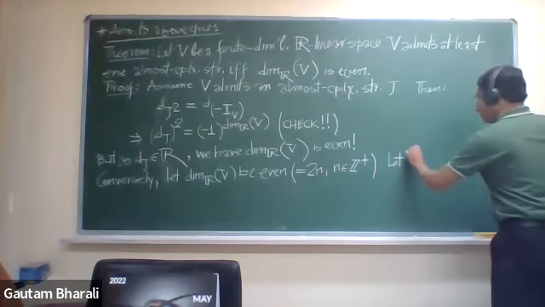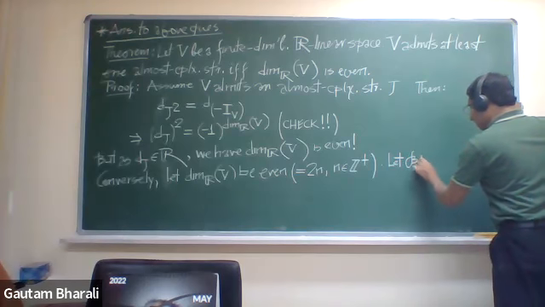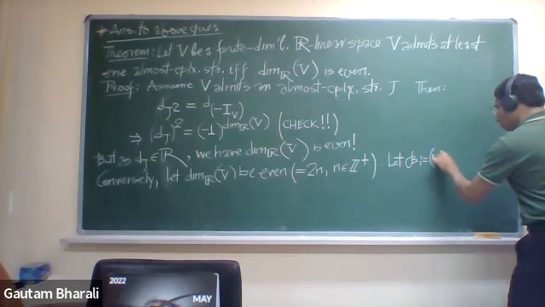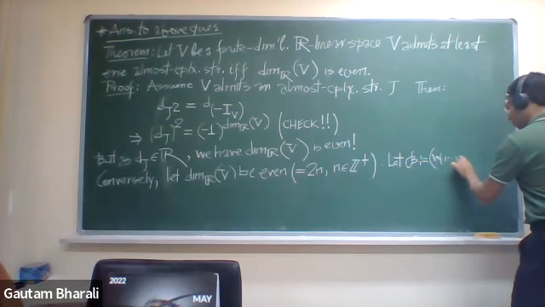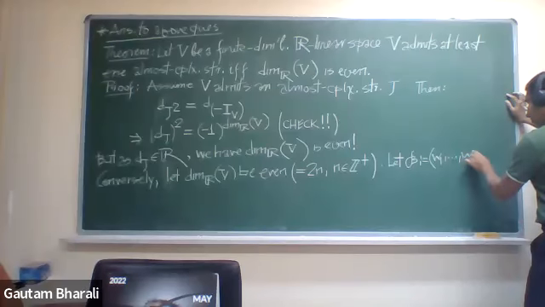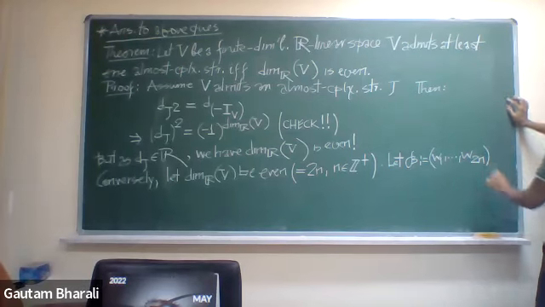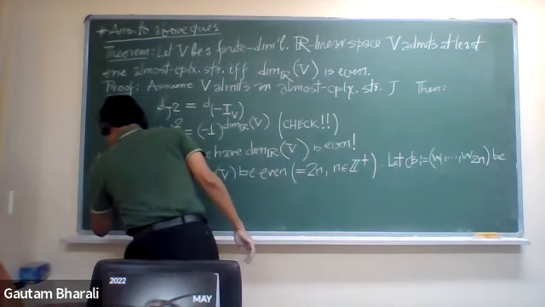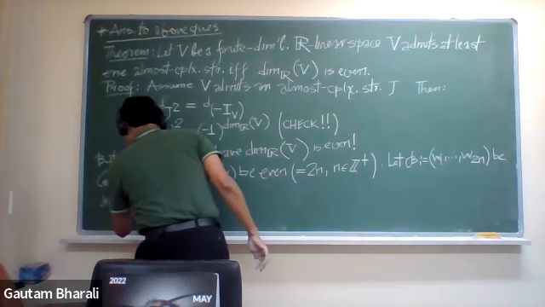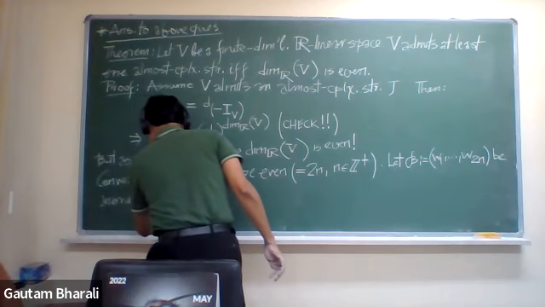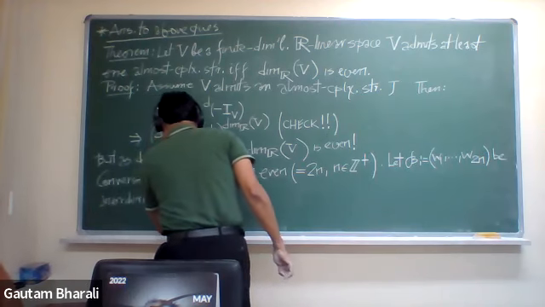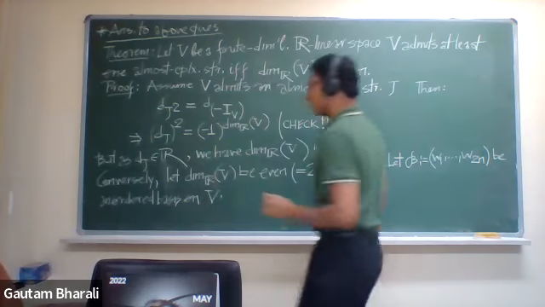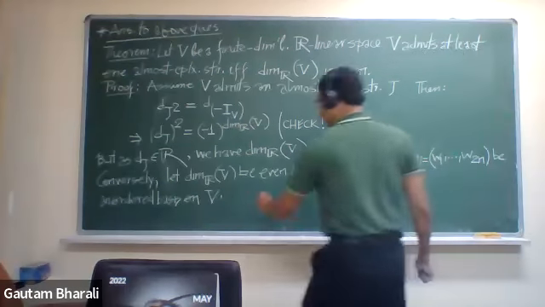So let script B be W1, ..., W2n, an ordered basis on V. Remember, this is now even dimensional. So now let's define.